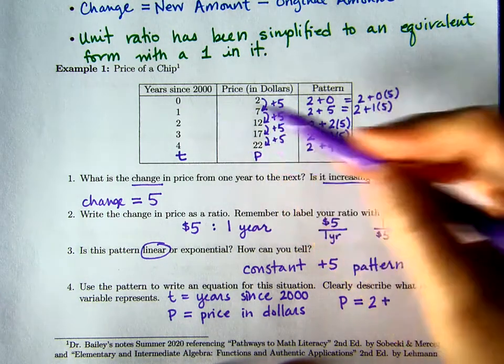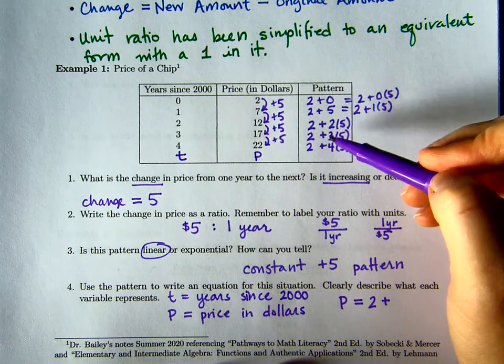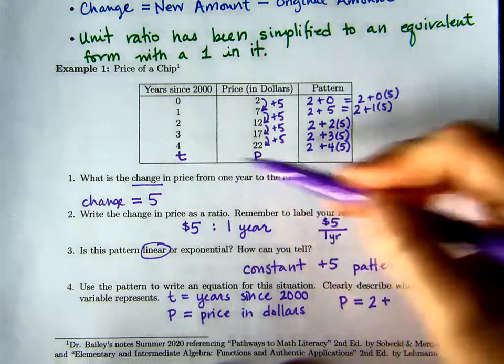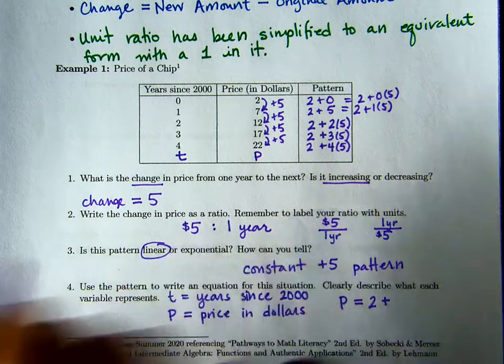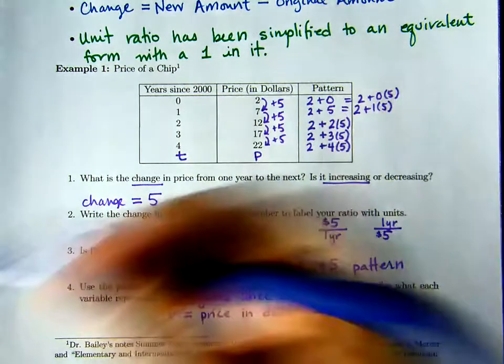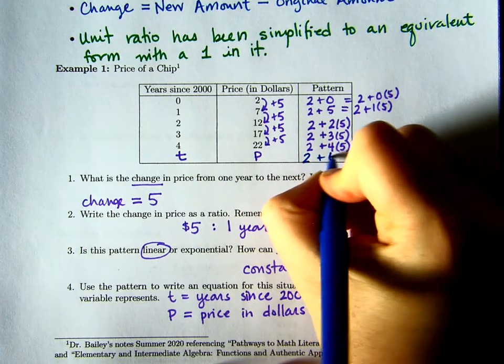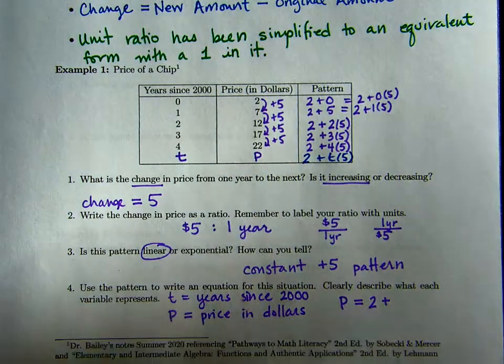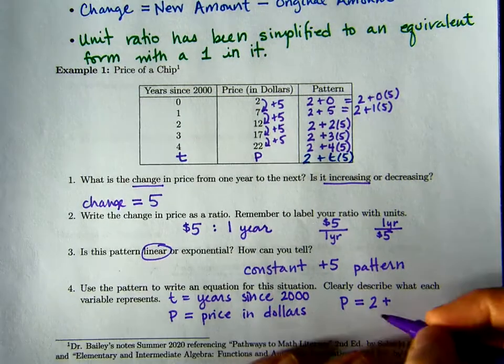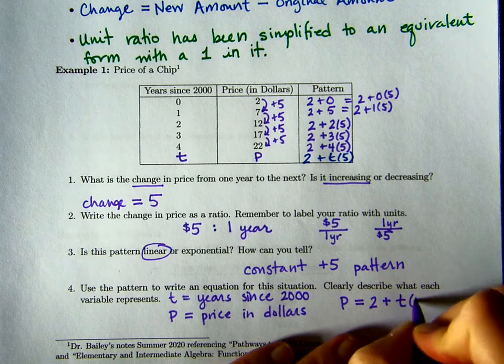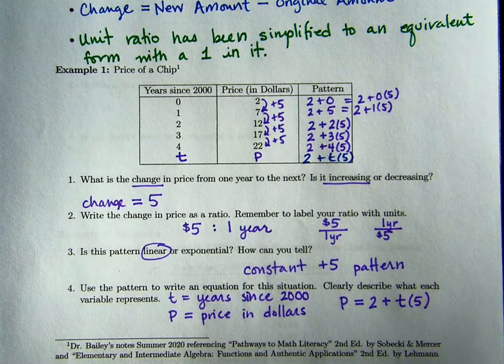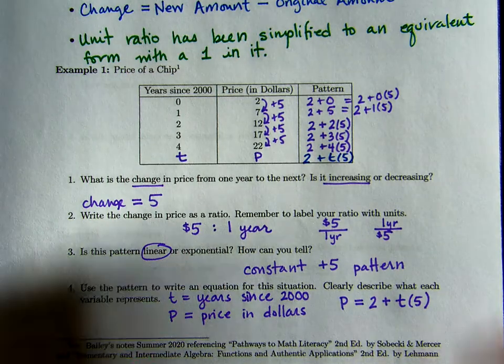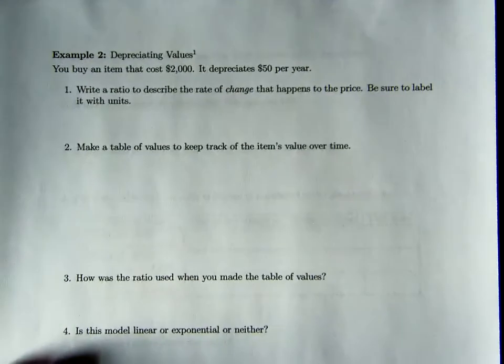So 0, 1, 2, 3, 4, and T. So this would look like, okay, 5 added T times, or T 5s. So 2 plus T number of 5s, or 5 added T times. Got it. Let's do this again.